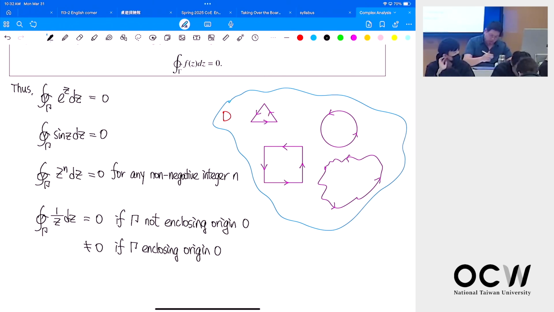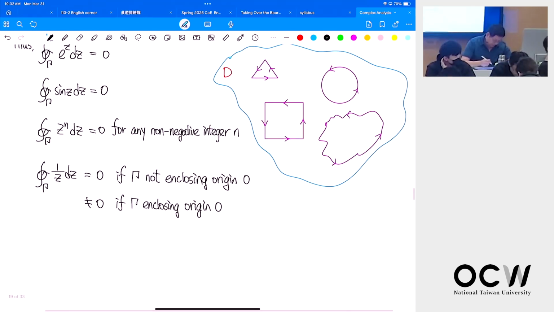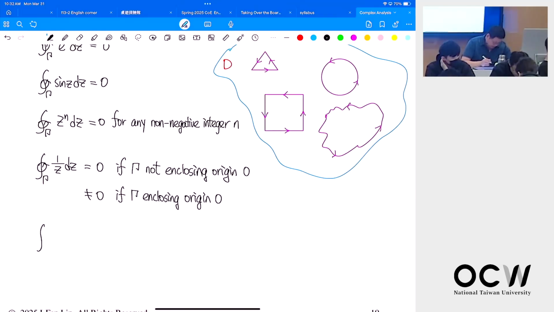And here's another integration. We will prove that later, but you will see for this closed integral of 1 over z to the n, this one is 0 for n greater than or equal to 2.